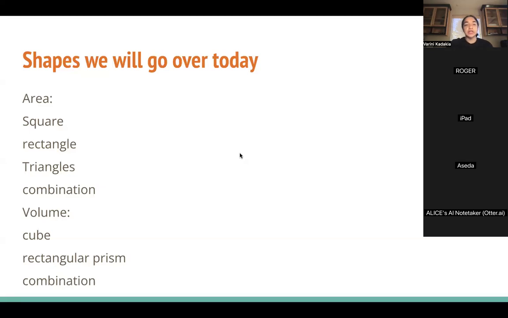Okay, so today we're gonna learn about different shapes and what their area or volumes are. So area is basically how much space something will take up, and volume is like that, but in 3 dimensions instead of just 2.